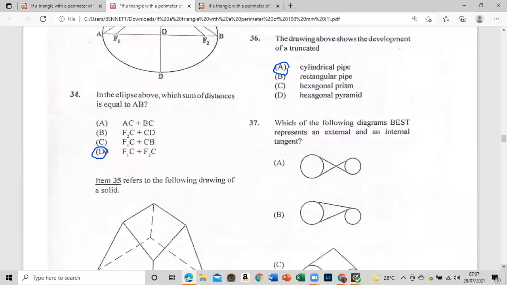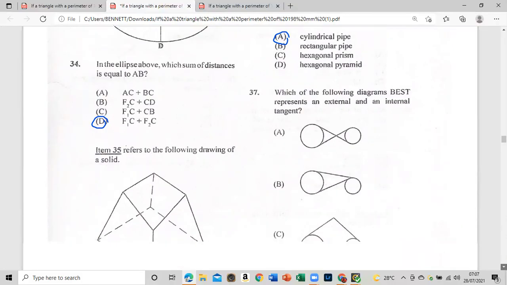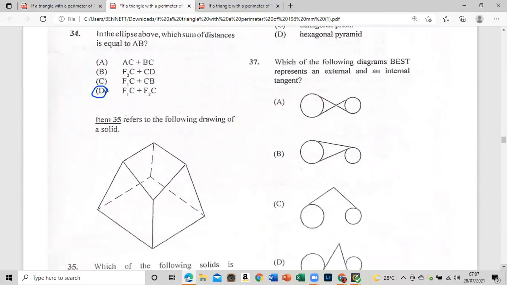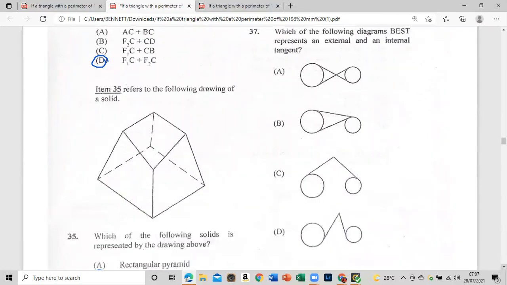Which of the following diagrams best represents an external and internal tangent? Remember, a tangent is a line that touches a single point on the circumference. It's between A and B, you know.